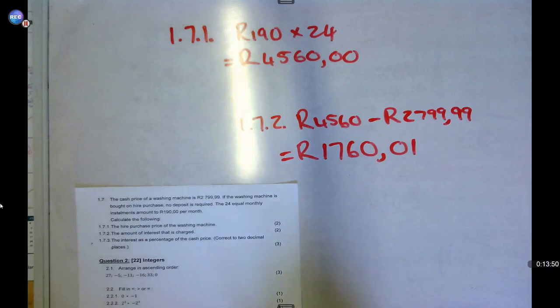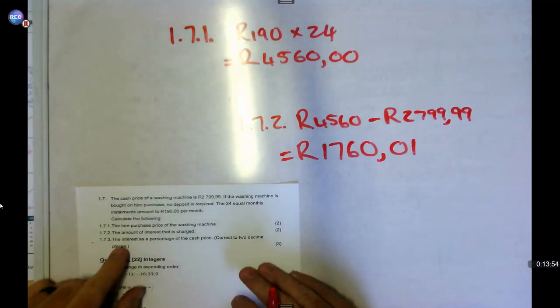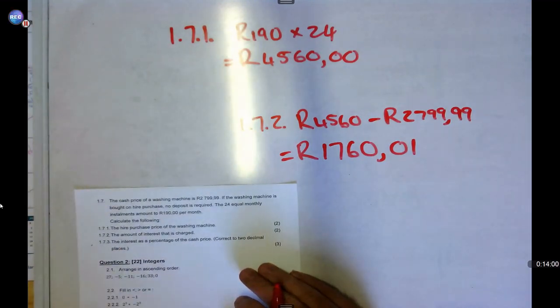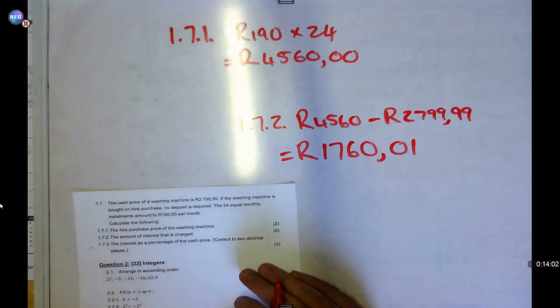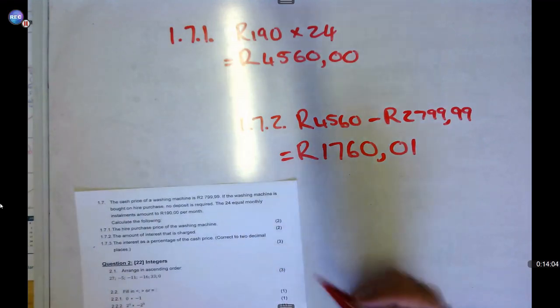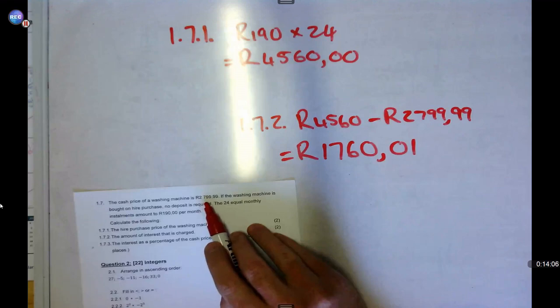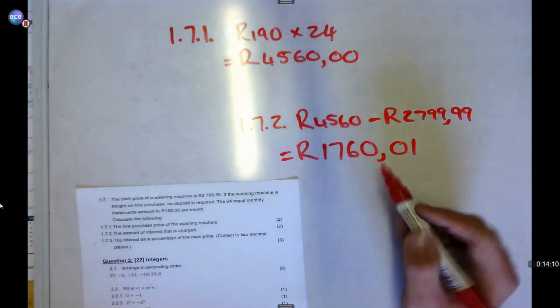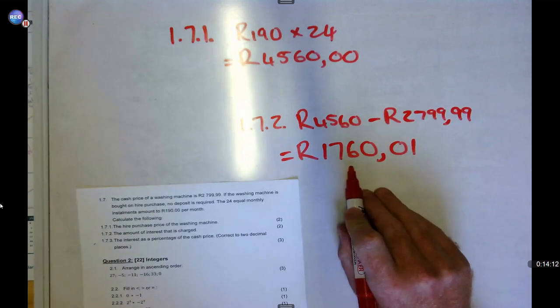Now, if you look at 1.7.3, they tell you the interest as a percentage of the cash price. Now the cash price is 2,799.99. The interest is this amount.